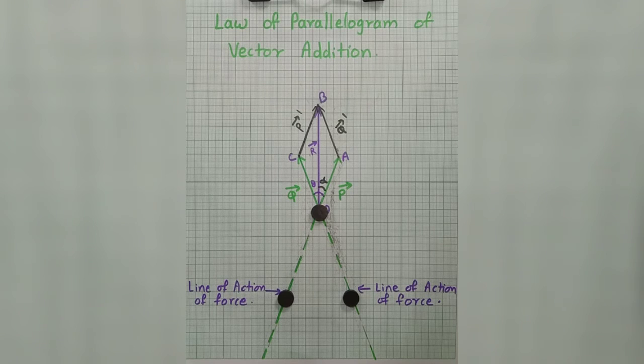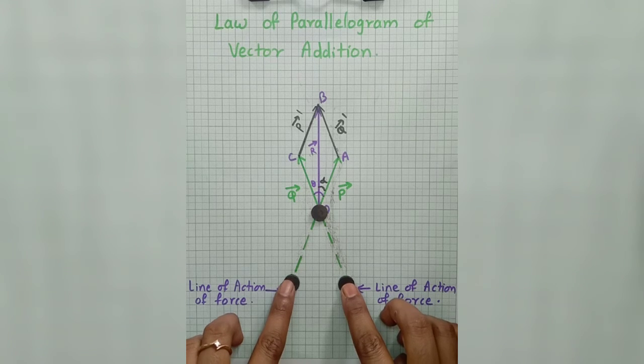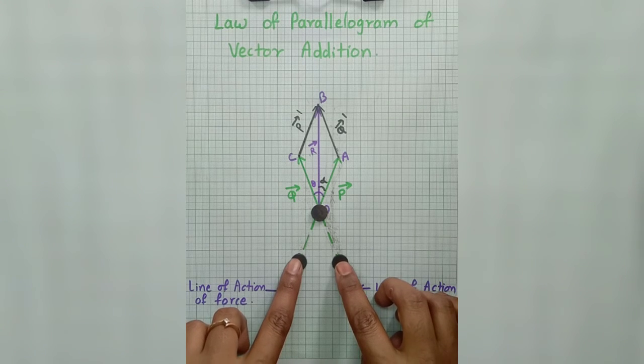Now I will use all the three magnets together. They are placed such that they will repel each other and both the forces are going to act simultaneously. So let us observe what happens to the third magnet.